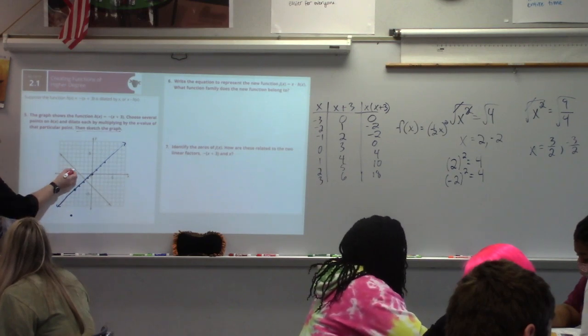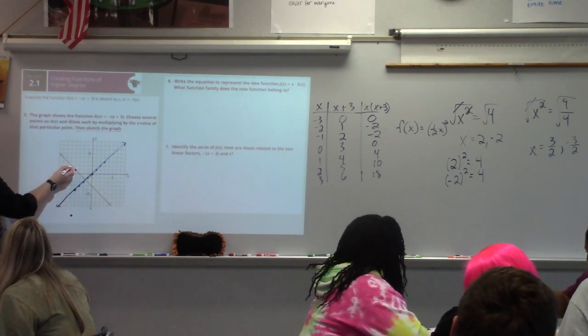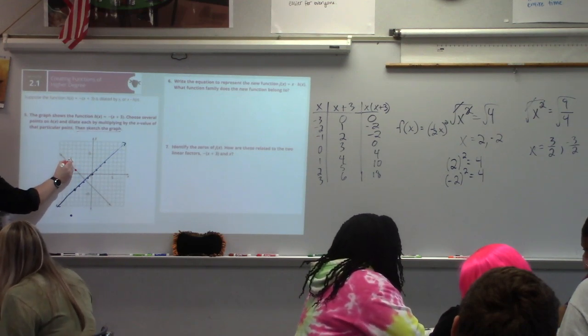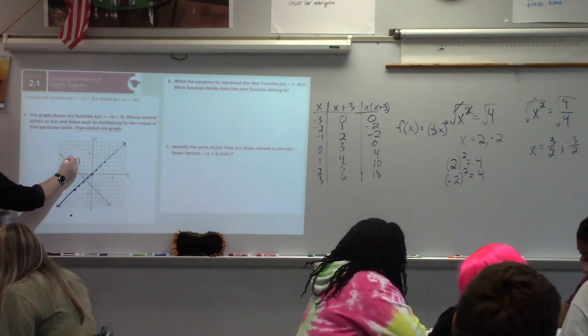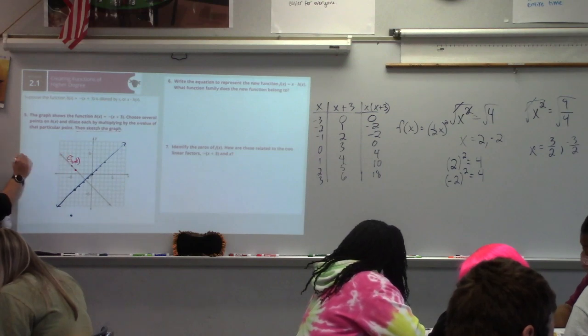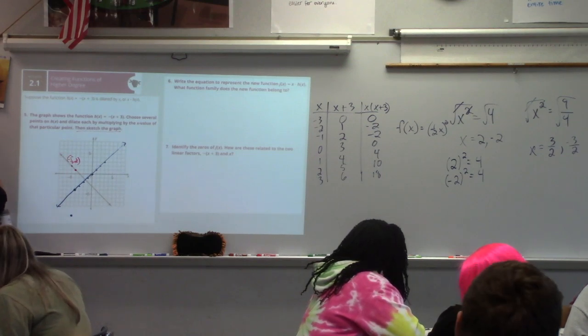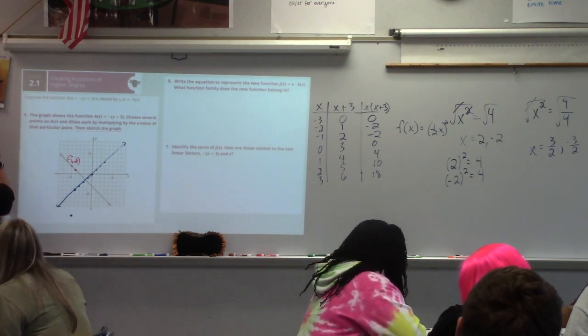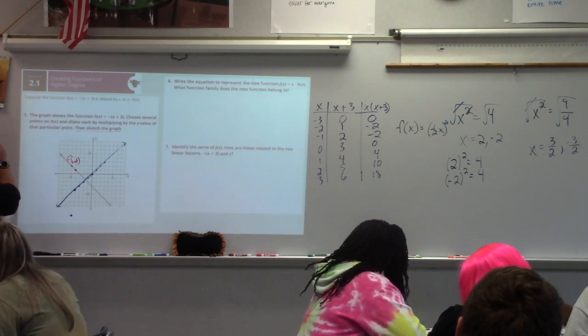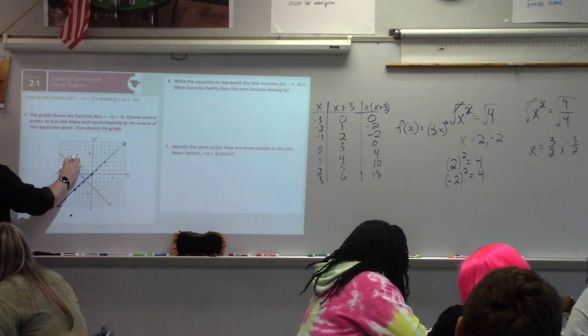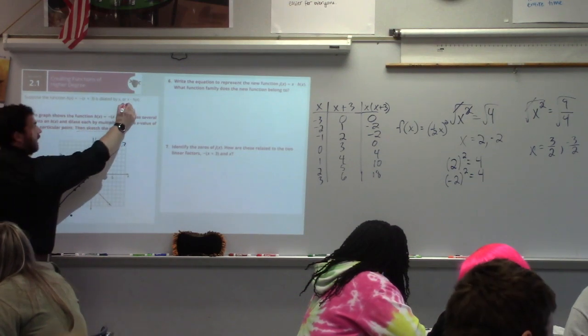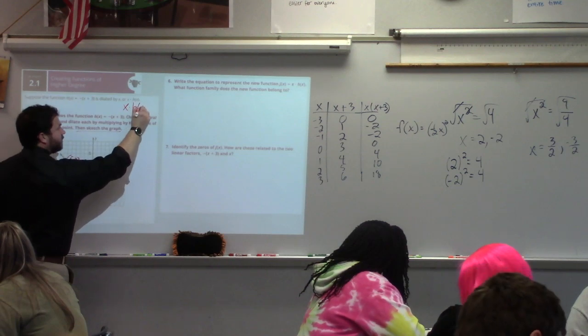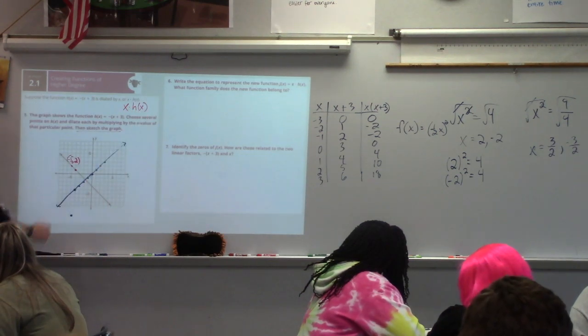When I look at this point right here, which we already did, this point is -5, 2. Which part of that point is my h of x? Remember, it's x times h of x. The 2.